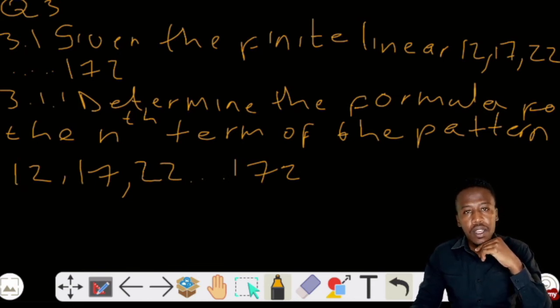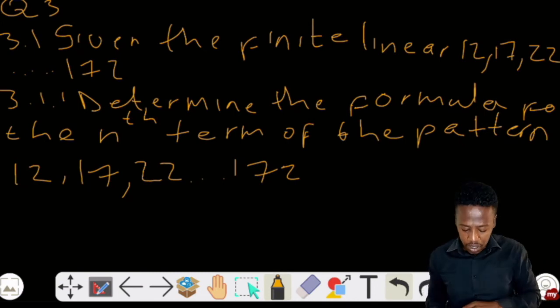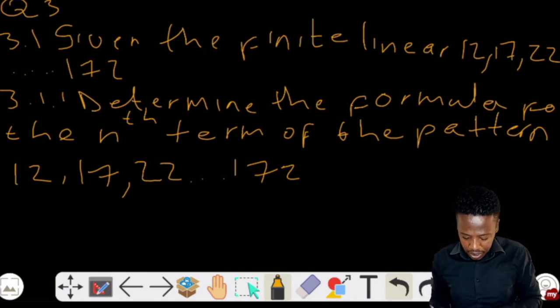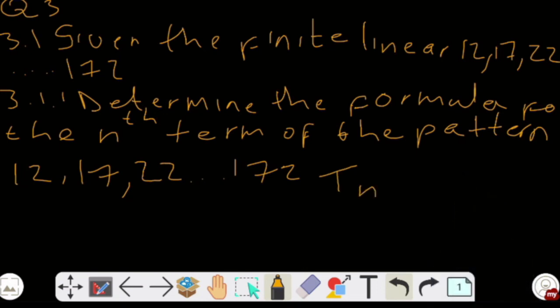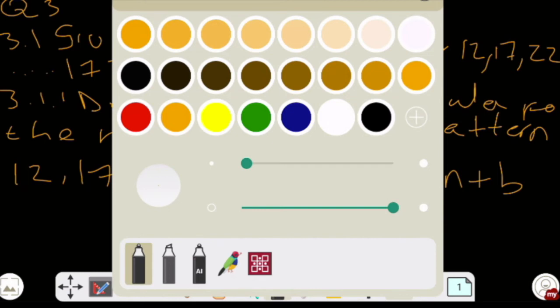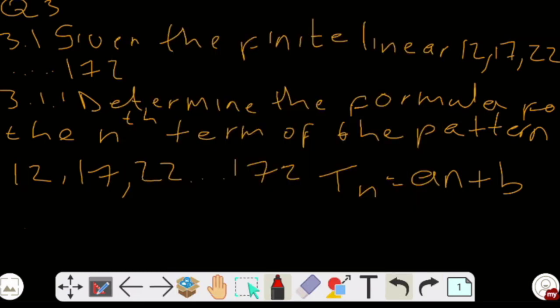So it's linear, meaning you can go ahead and use your linear equation, which is Tn equals An plus B. Now what should be our next step? Our next step is trying to find the value for B. How do we do that?